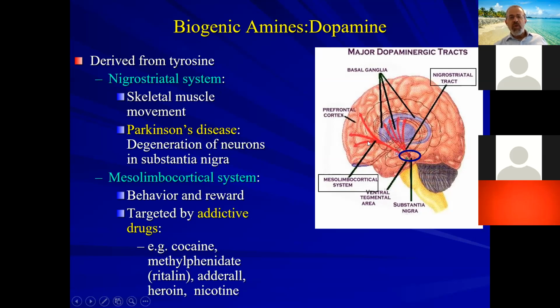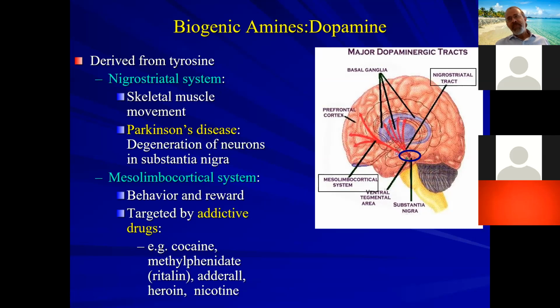The second area where dopamine has an effect is the mesolimbocortical area, which is really the prefrontal cortex. This, of course, is one of the latest areas of the brain to develop. This is important in executive functioning, as well. It's the reward area of the brain.